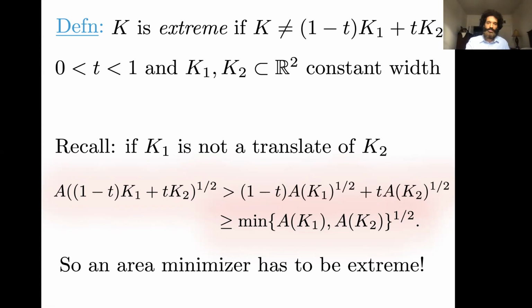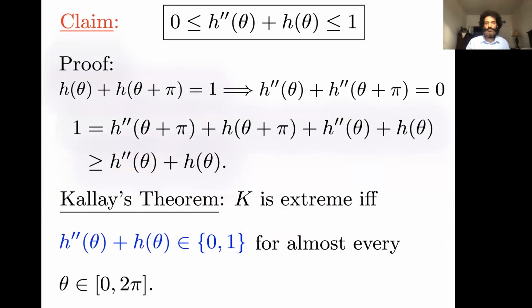Okay, so that begs the question, what are the extreme points in the collection of bodies or figures in the plane of constant width? And we can answer that. Kallay turns out answered this way back in the 70s. And so how does the argument go? Well, I mentioned to you before that any convex set, forget even just constant width, has to have a lower bound on the radius of curvature.